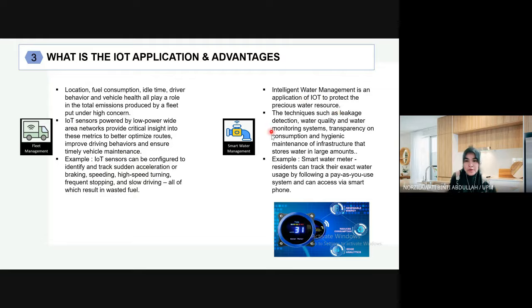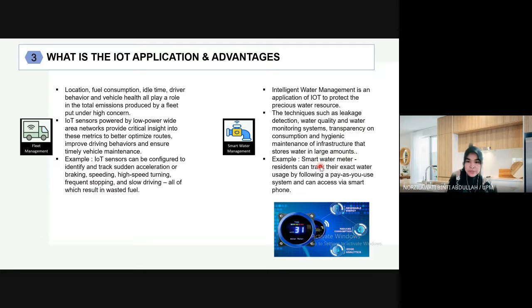Okay, smart water management is intelligent water management. It's an application of IoT to protect the precious water resource. Okay, the techniques are such as leakage detection, water quality and water monitoring systems, transparency on consumption, and hygienic maintenance of infrastructure that stores water in large amounts.